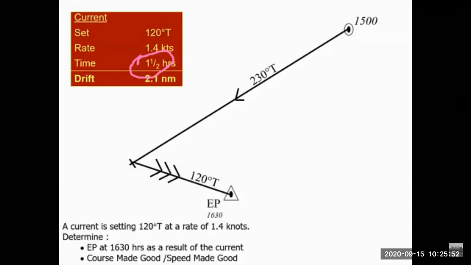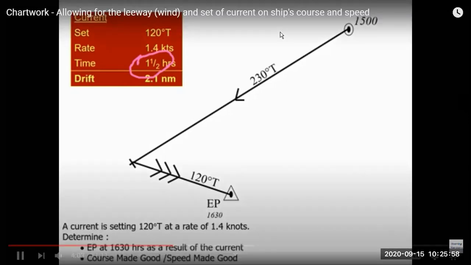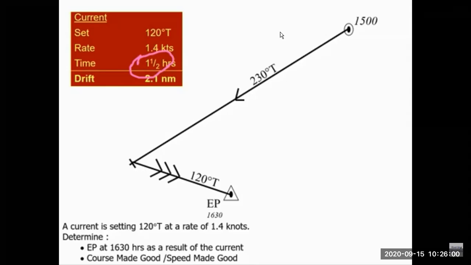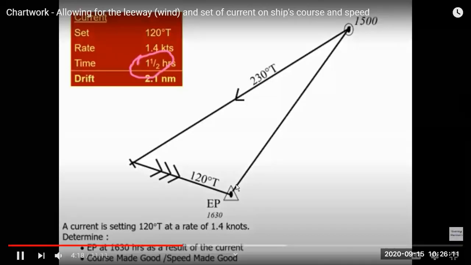Estimated position is denoted by this triangle, and when you join, this will be the course made good and speed made good, denoted by two arrows.